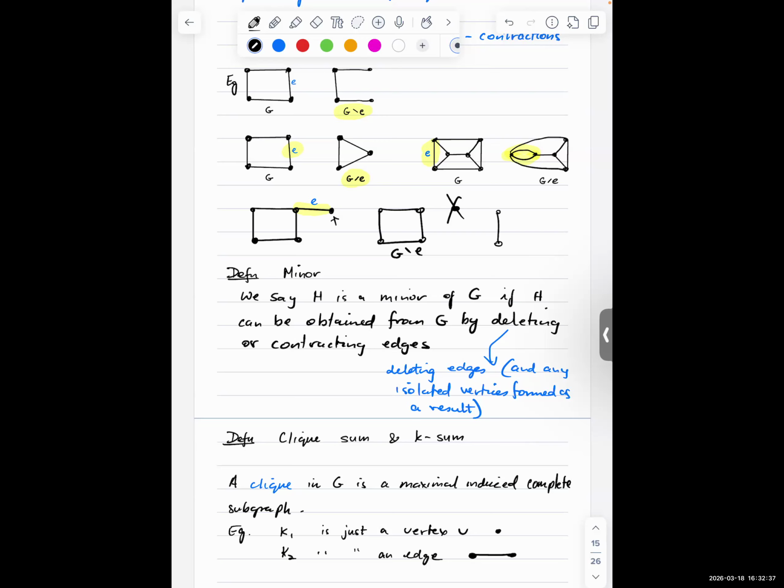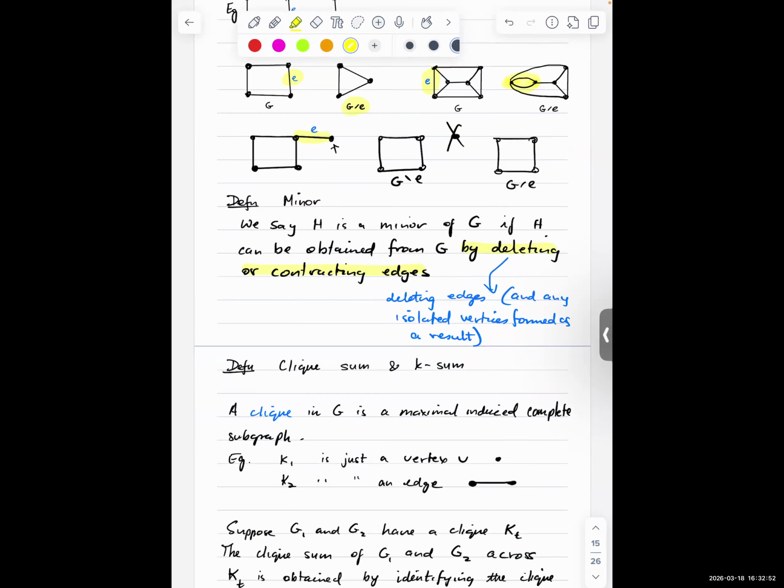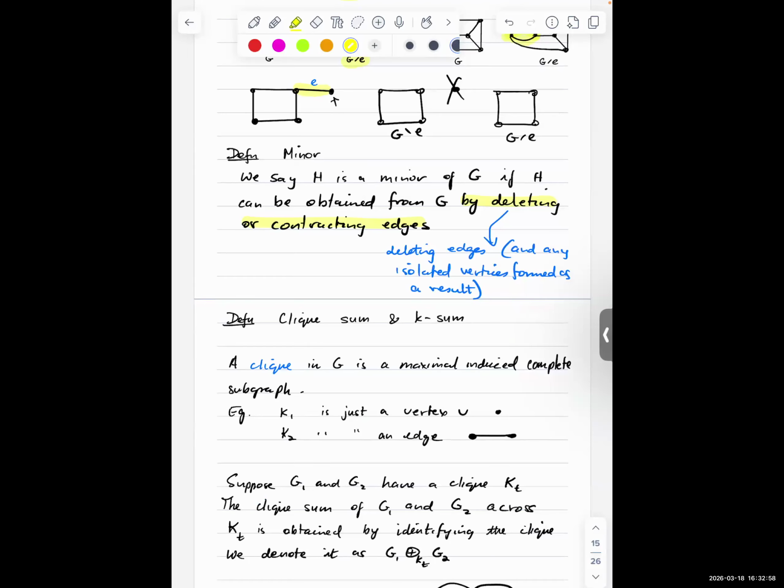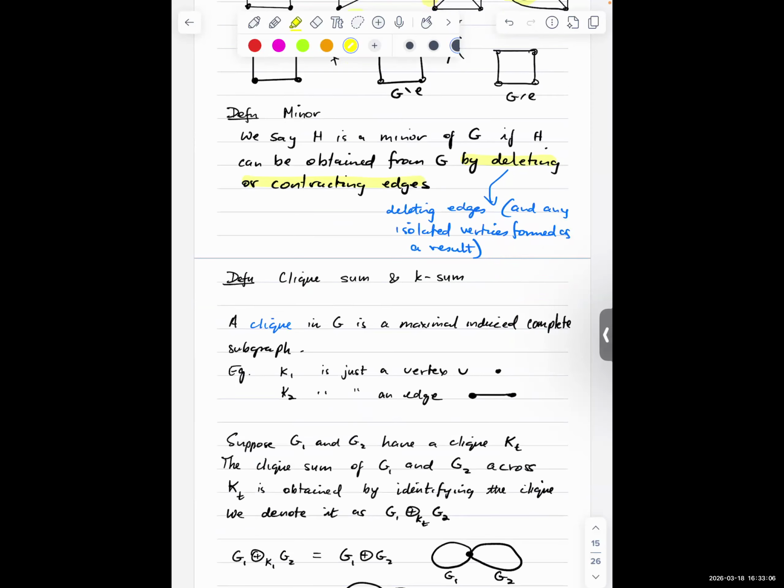So then you don't have that extra clause to put. So many people will just say, and it's a little smoother to say, by deleting or contracting edges, okay? So I just wanted to make a note of that little detail, because you may see the definition appear differently.